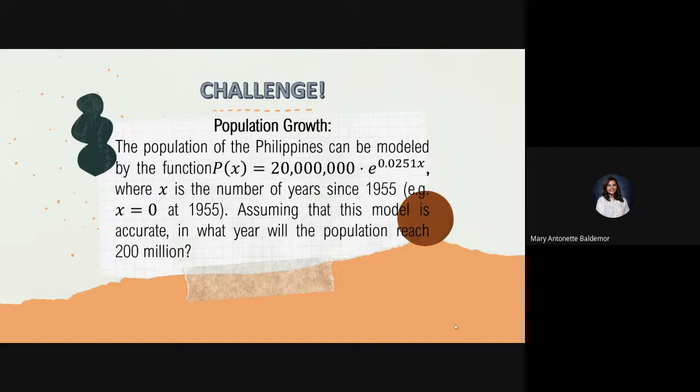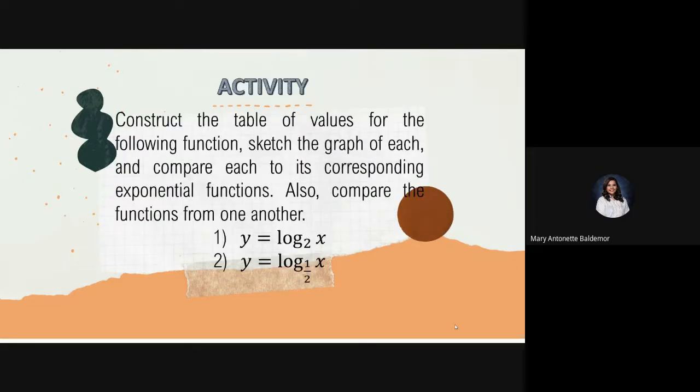Now, to answer this kind of problem, let us first learn how to make the table of values and sketch the graph of a logarithmic function. Now, let's have an activity. Let's construct the table of values for the following functions.